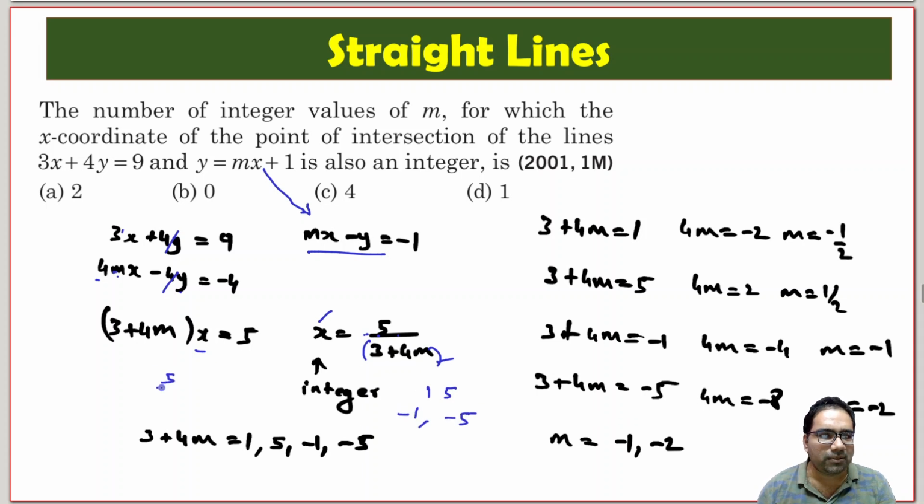For example, 5 by minus 10 is not acceptable for us, and 5 by minus 20 is also not acceptable. Only options that we have are 5 by 1, 5 by minus 1, 5 by 5 and 5 by minus 5. Only these four options we have.